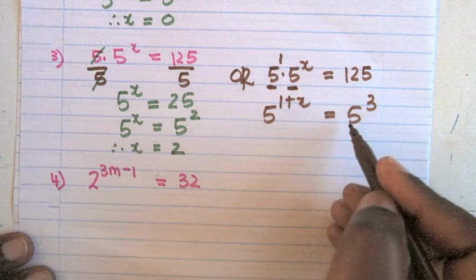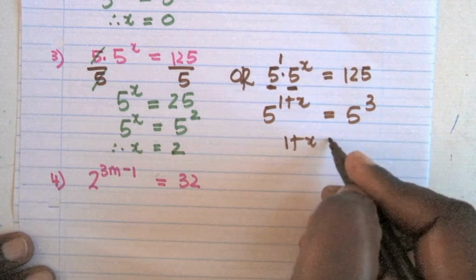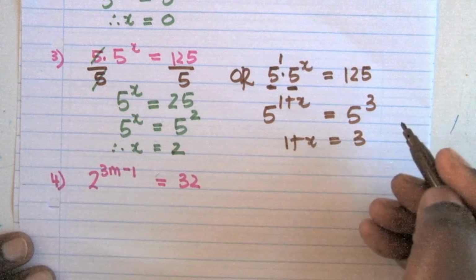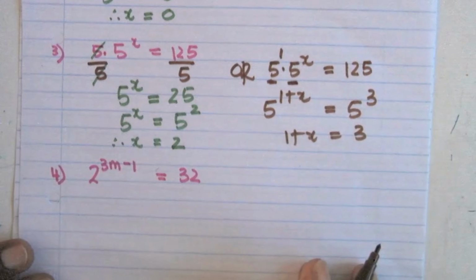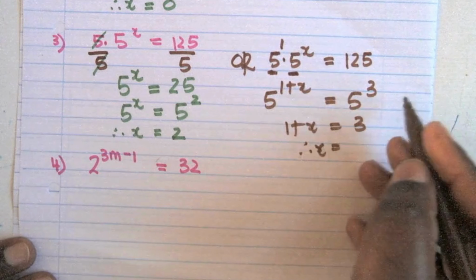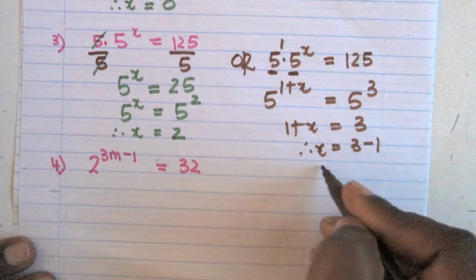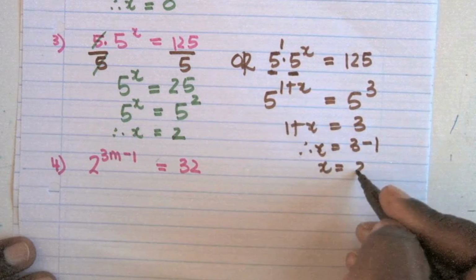My bases are now the same. I can equate my exponents. 1 plus x is equal to 3. Therefore, x is equal to 3 minus 1. x is equal to 2.